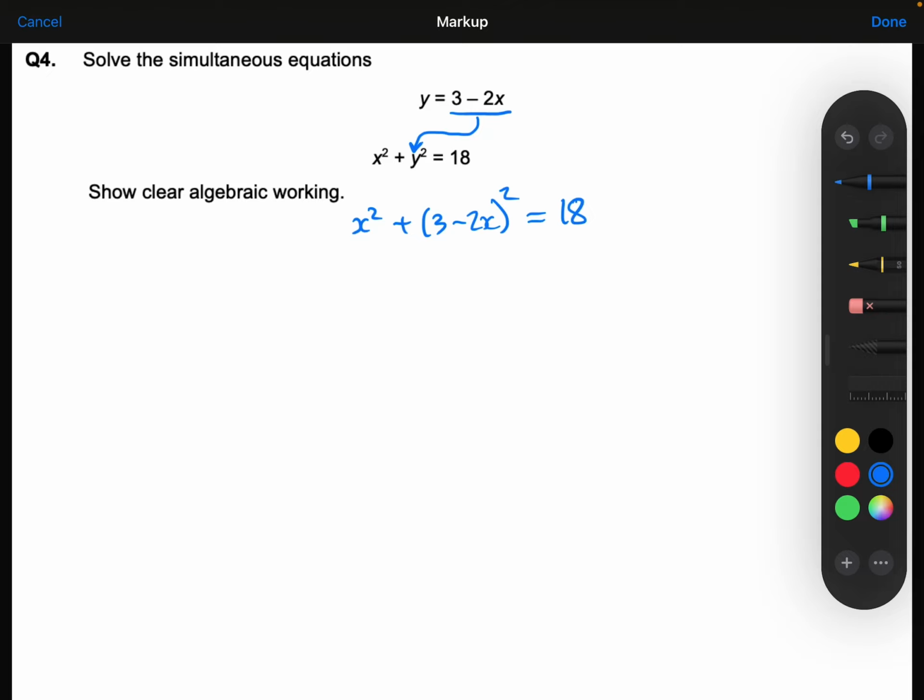Right, now we're going to expand the brackets. So I'd have x squared plus 3 squared, 3 times 3, which would be 9. Then I would have the 3 times the minus 2x, which would be minus 6x, but I'd have 2 of them, so minus 12x.